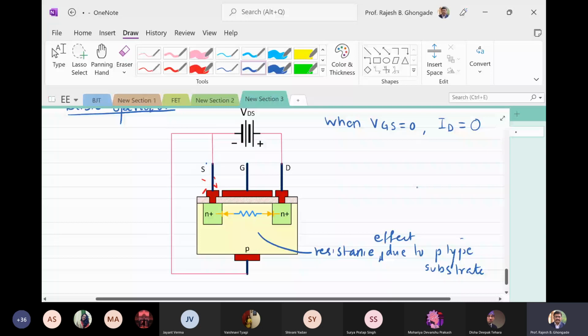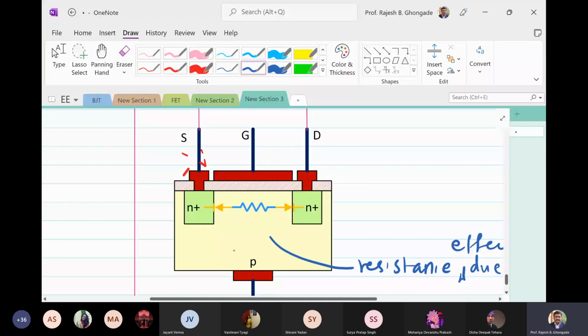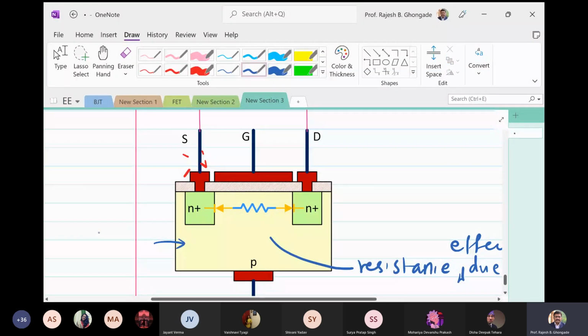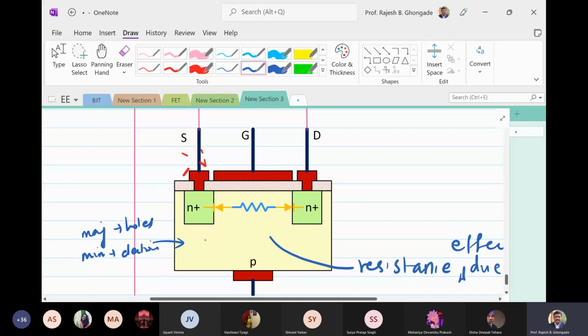Somebody will say that there will be some electrons. It is P type, so what is the majority in P type? Holes. What is the minority? Obviously electrons. It is not that electrons are not there; electrons are there, but in the minority. And these electrons are distributed.